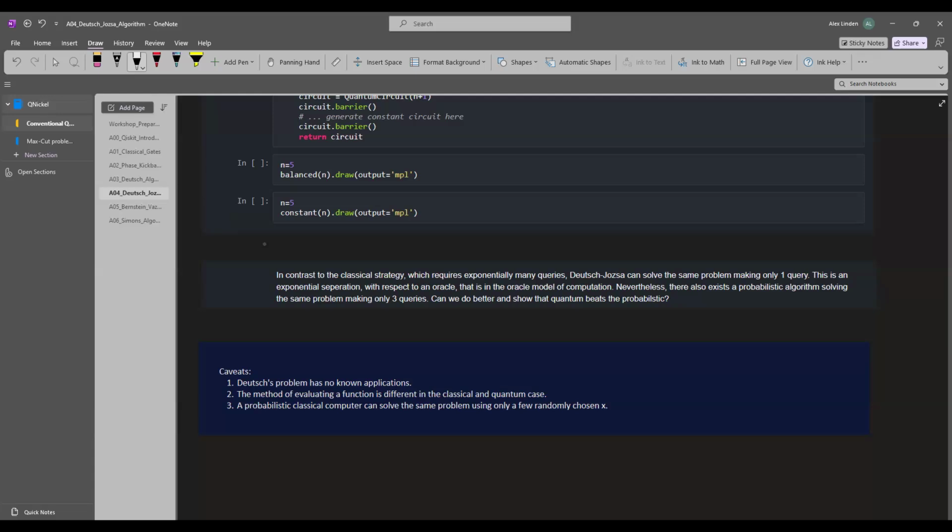Then there is the method of evaluating a function. If you're comparing algorithms and you have a completely different method of evaluating a function, some say the comparisons may be invalid. And yes, if we choose a random x, we can solve it using just 3 queries. So that's it for Deutsch-Jozsa.